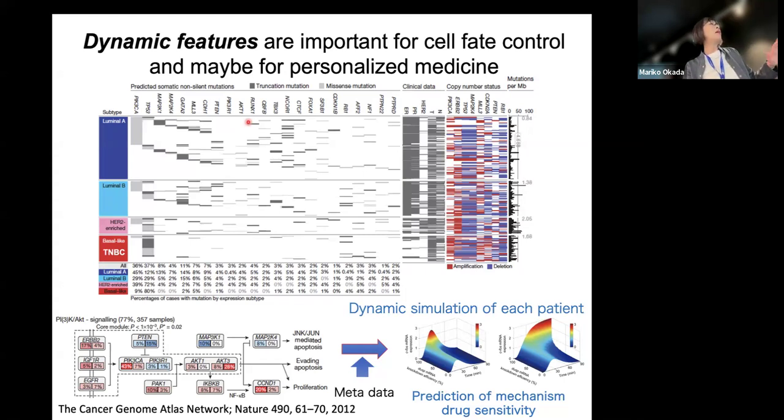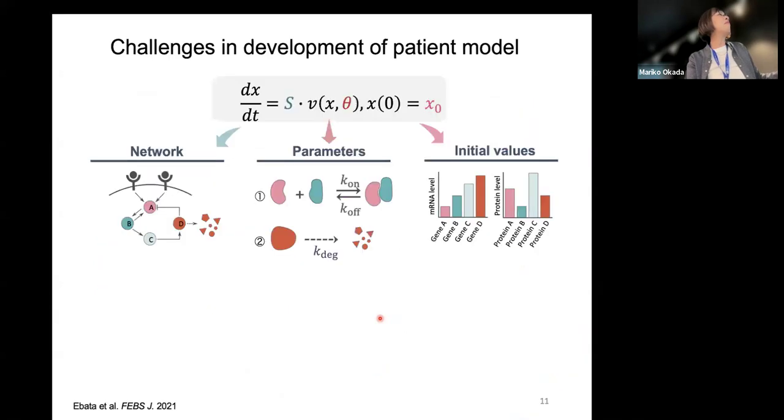I believe that the ODE model can integrate those parameter changes and initial value changes, explained by these mutations and copy number variation, to make a patient-specific model and analyze the behavior as the dynamics of that system.